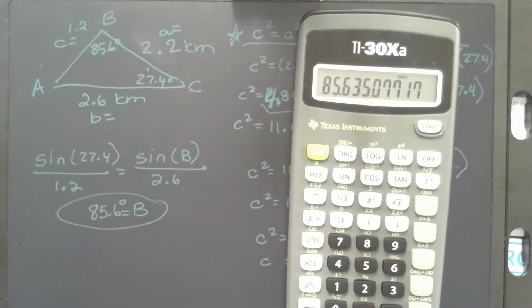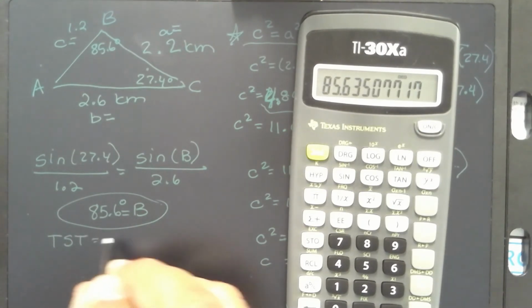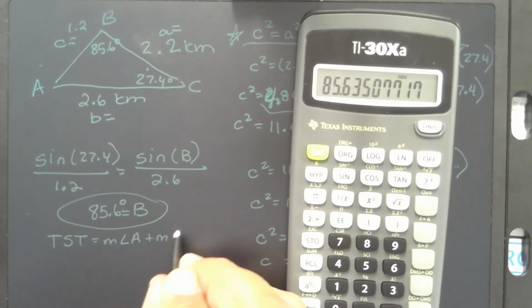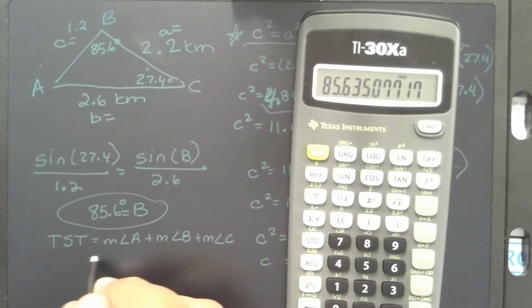How do we find A now? Can you do it again? We can, but it's an easier step now. Oh, triangle sum theorem. There you go. If we take the triangle sum theorem, we know that the measurement of angle A plus the measurement of angle B plus the measurement of angle C should all equal what? 180.